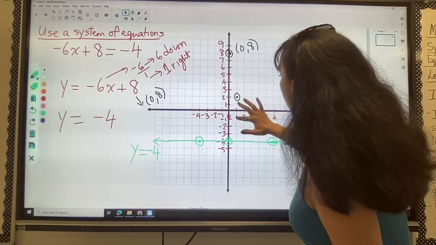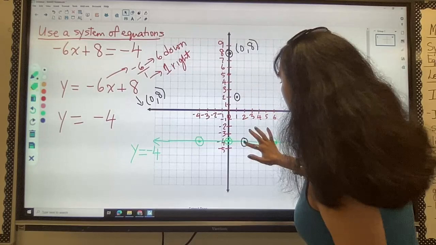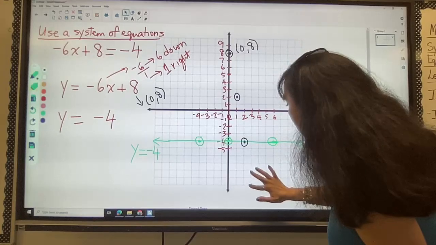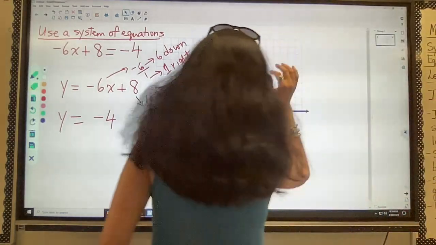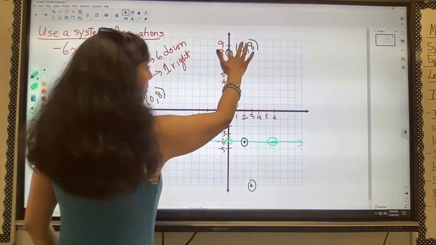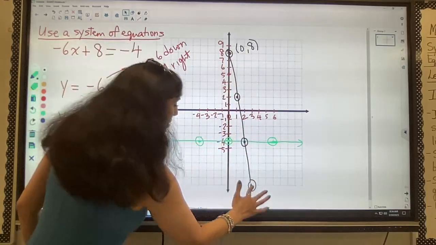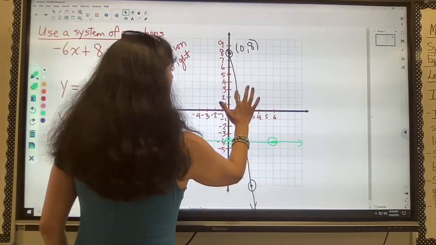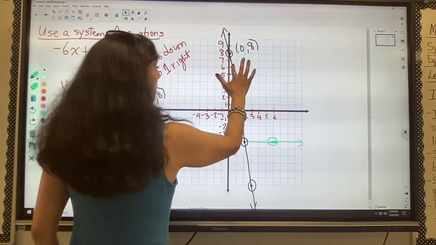And so now let me connect. Okay, if I connect this, sorry if my line is not straight. Okay, here we go. Trying to make it as straight as possible.